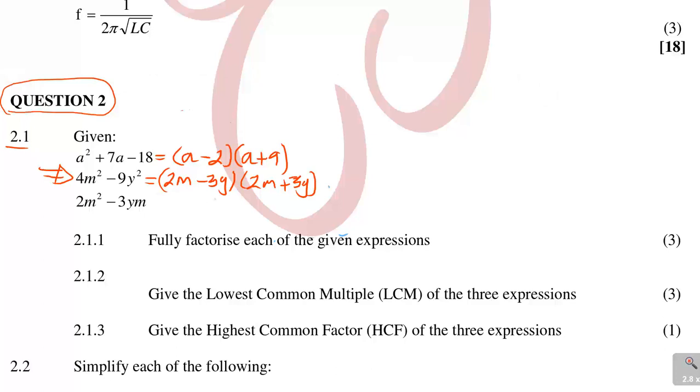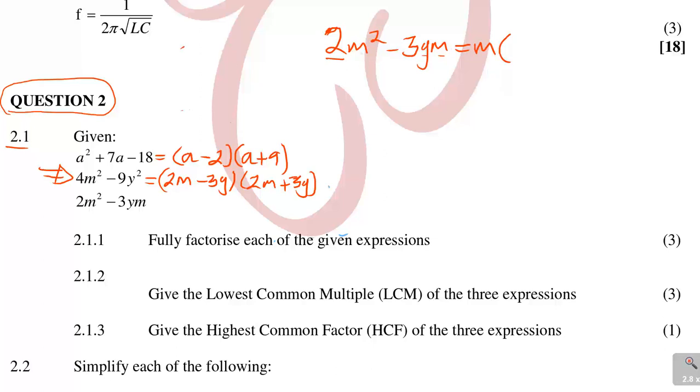So the last one is 2 items again, which is 2m squared minus 3ym. Again, you have to check that chances are it is a difference of 2 squares, so try to express everything as a square. Now I cannot express 2 as a square, so automatically it means it's not a square. Even y and m I cannot express as a square, which means I can just do a normal factorization whereby I look at the common items and m is common, so I'm dividing by m.